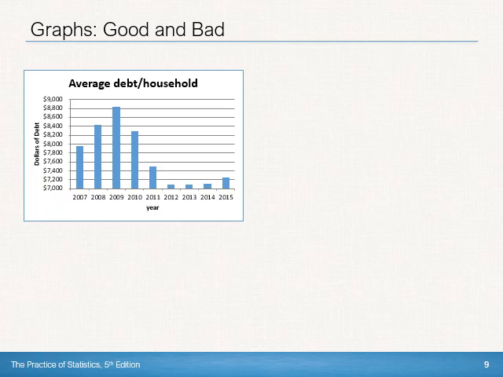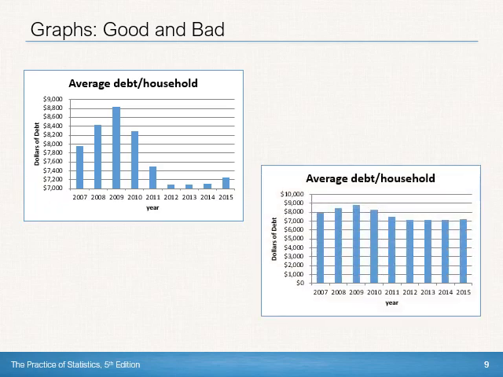What should this graph really look like? Something like this. You can see, yes, household debt did decrease some, but not by that much. Maybe 10%, not 90% like the previous graph shows. The huge difference in these bars makes us feel like it's a dramatic decrease.